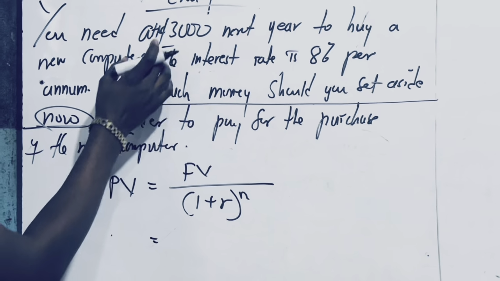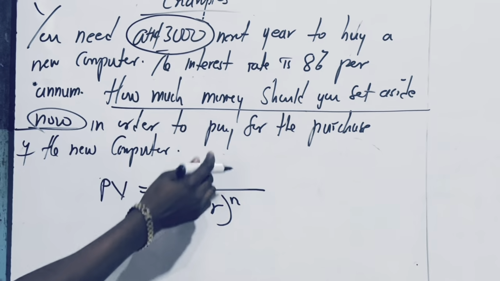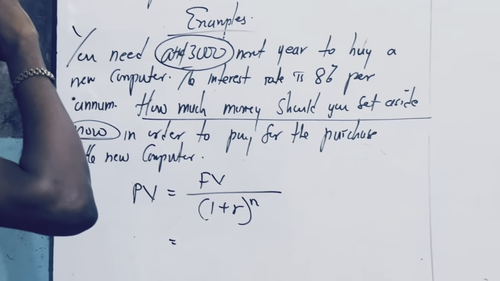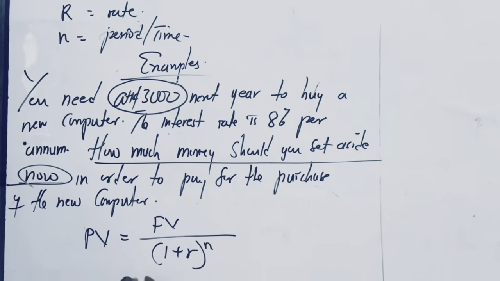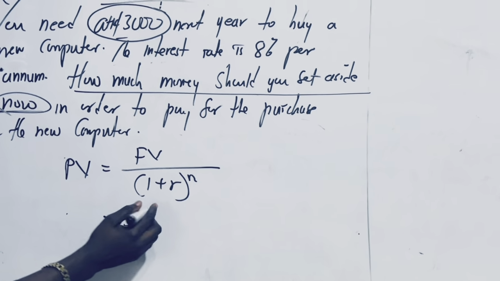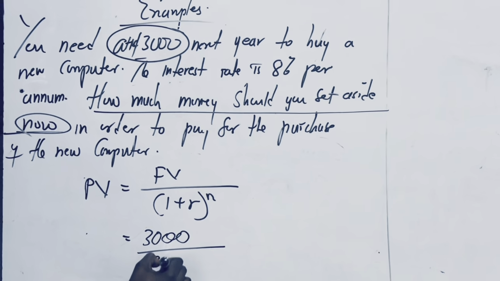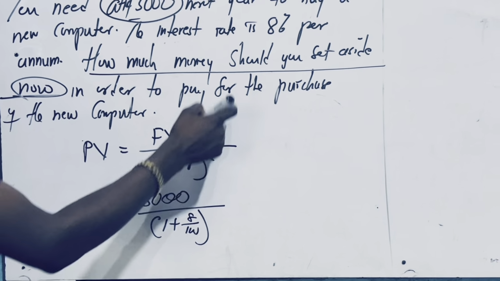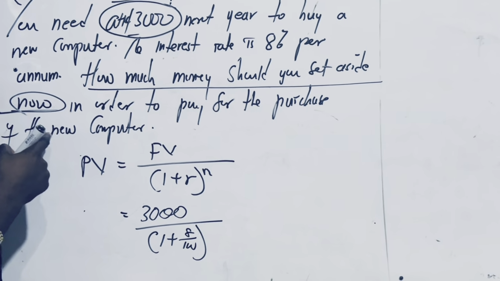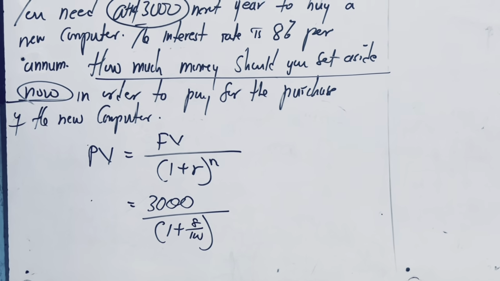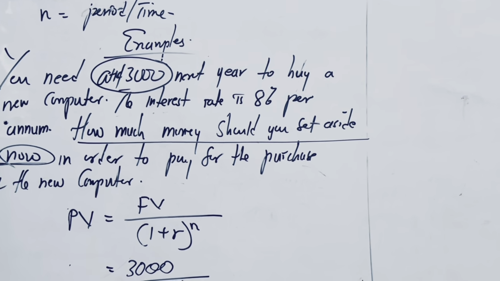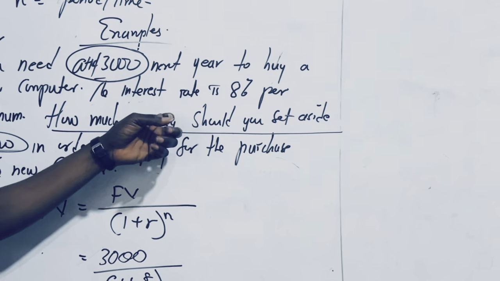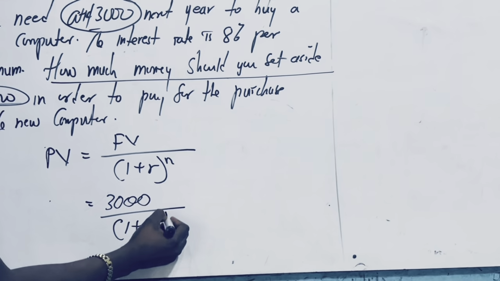So our future value is the amount of money you need in the future. That is it. So we have our 3,000 Ghana cedis. And our R is our interest, which is 8%, 8 over 100. And the N is the number of years. So how many years? 1 year. Since they didn't give us the number of years, per annum, we assume 1 year.